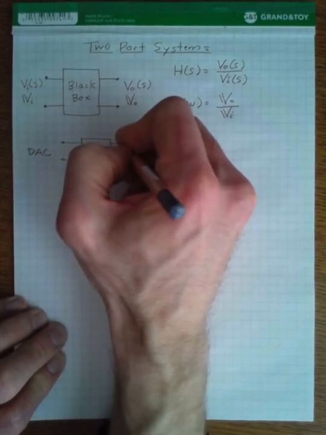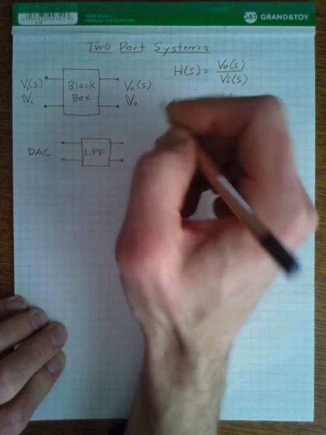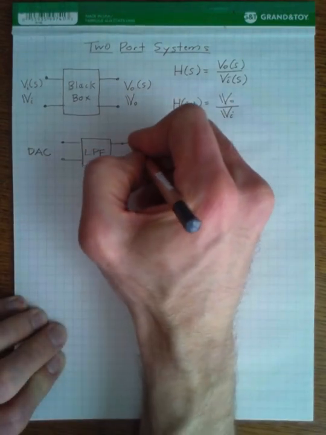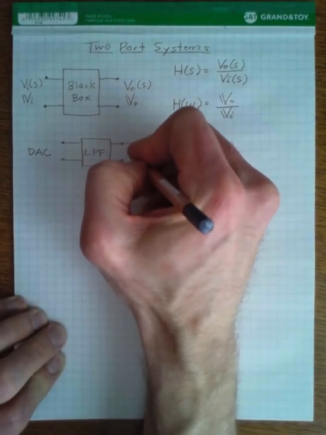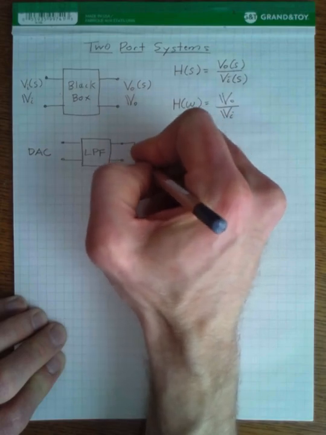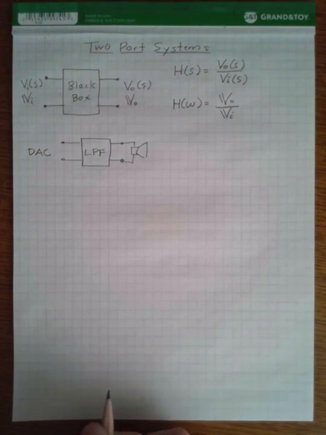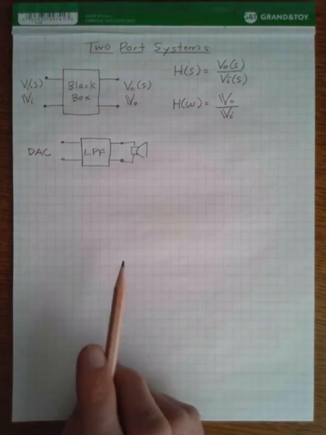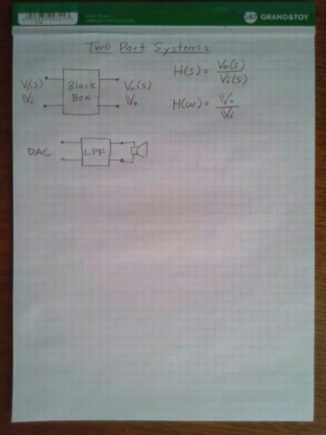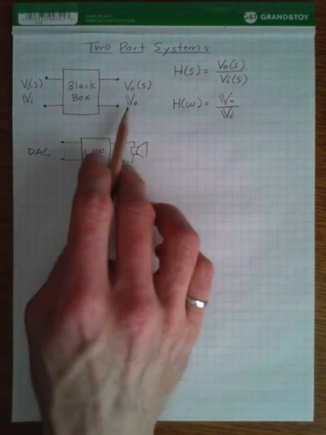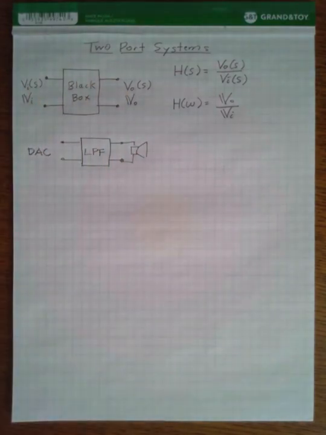But then of course, we don't want to stop there. We want to hook our system up to some kind of load like a speaker, so we can actually listen to the signal that we're generating. And so we want to be able to cascade these two-port systems. And when you cascade them, it changes how the system behaves.